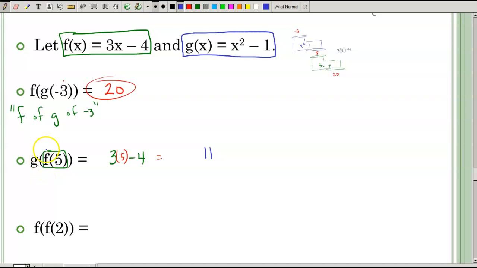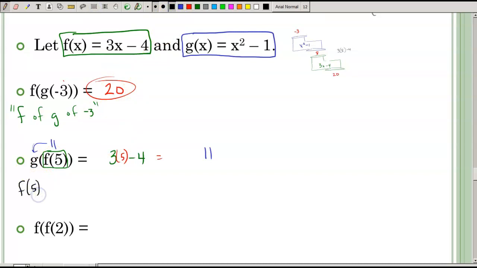But now, since there's a function composition here, I'm going to take what I got for that. f of 5 is 11, and now I'm going to plug that into g right here. So now I'm going to have g of 11, right? Let me write this a little differently.